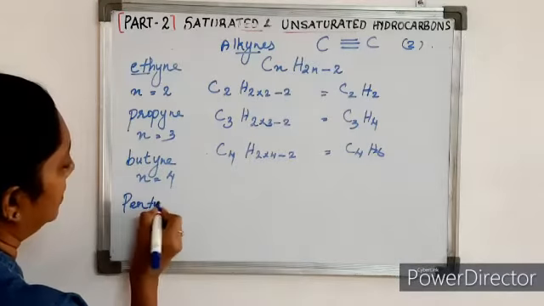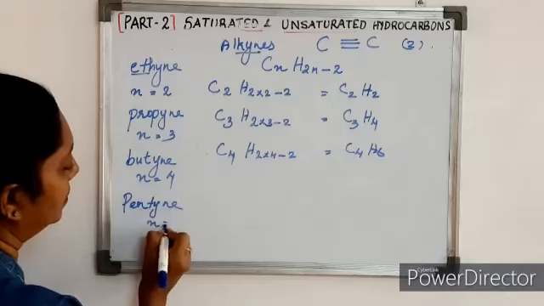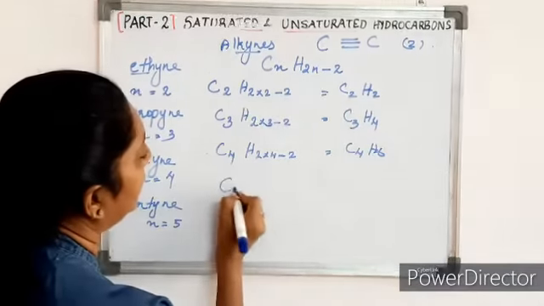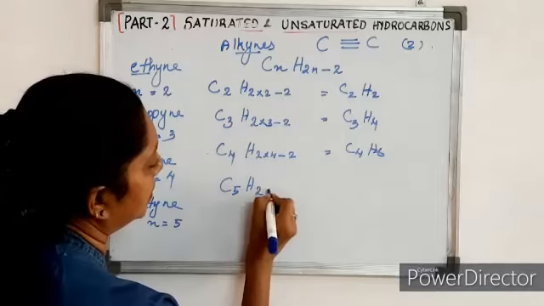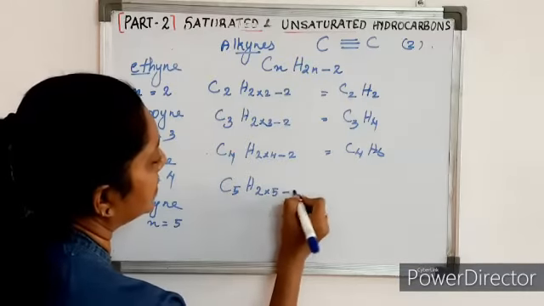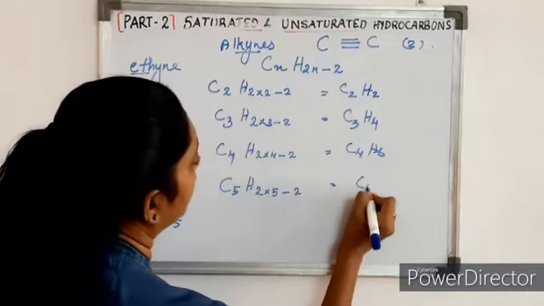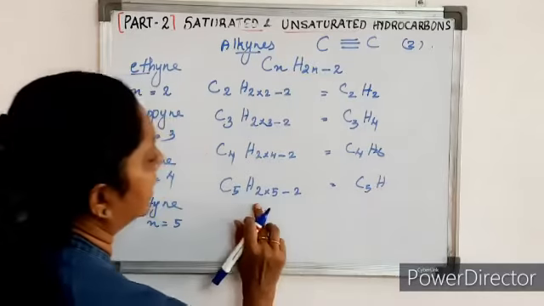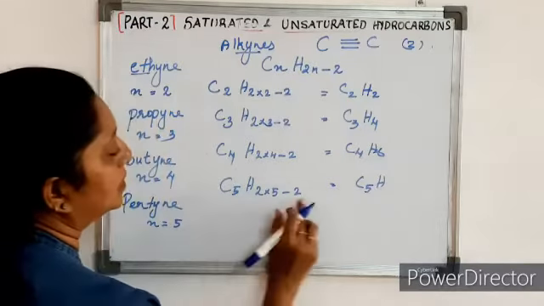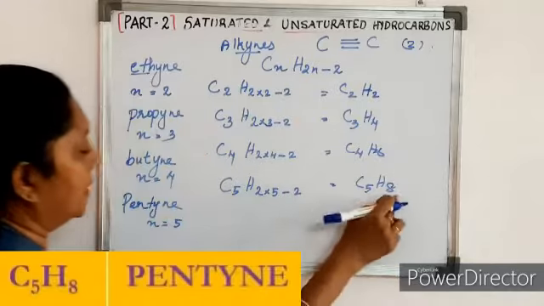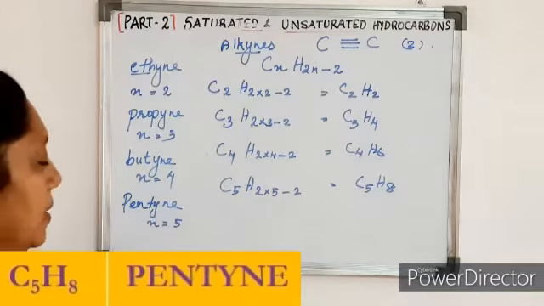Pentyne, n is equal to 5. C5H(2 into 5 minus 2). That is C5H10 minus 2, that is 8. C5H8 is the formula for pentyne.